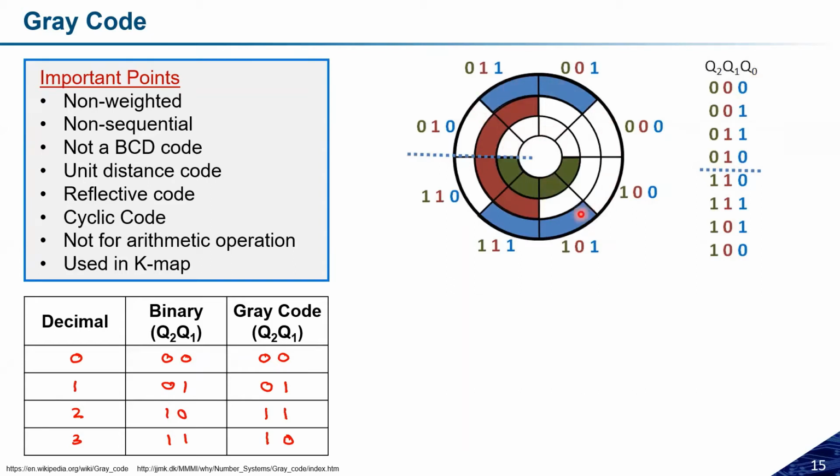Now if I consider a 3-bit Gray code, how will it look? Initially for 0 it is 000. For 1 it is 001. For 2 I need to change one bit, and because I have to go from right to left, I change this digit, so 010 will be there. Then I have to change this one, giving 011. So this is what I am getting up to 0, 1, 2, 3.